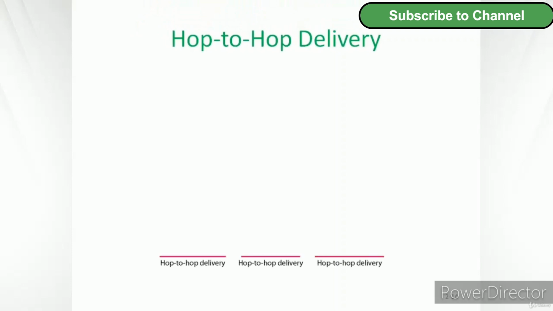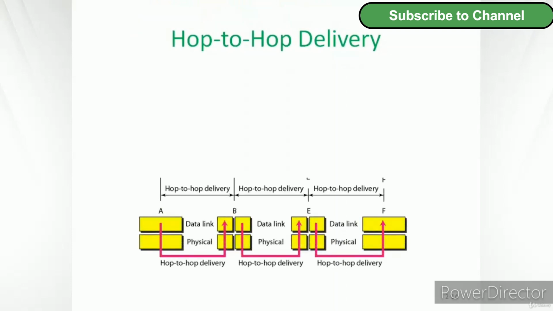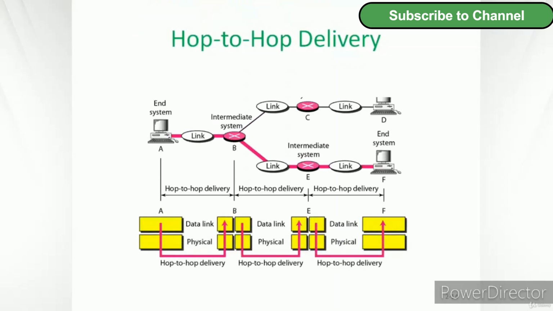Then hop to hop delivery. What is this hop to hop delivery? You can see this diagram. The physical layer and data link layer are connected over here like this. Data flows from the data link layer through the physical layer. So this is nothing but hop to hop delivery.